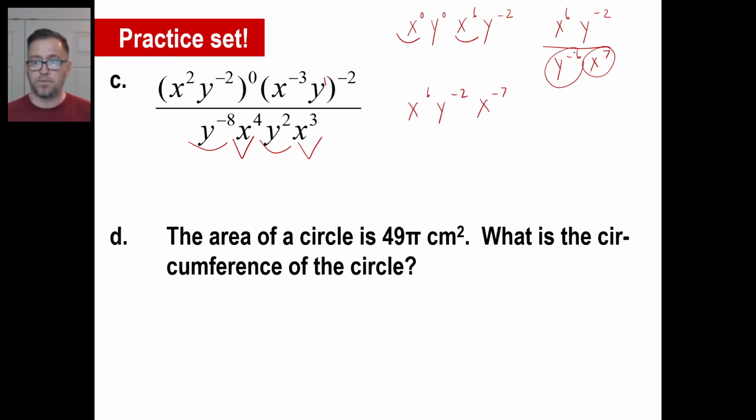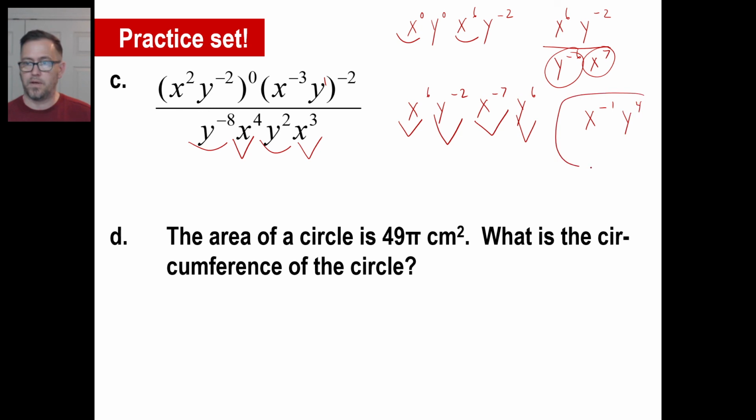And if I move y to the negative 6 up there, it turns into y to the 6th power, right? Okay, well, let's take care of the x and the x here. So x to the 6 minus 7 is the same thing as x to the negative 1, right? And then y to the negative 2 times y to the positive 6 is negative 2 plus 6, which is y to the 4th. And there we go. That's our answer.